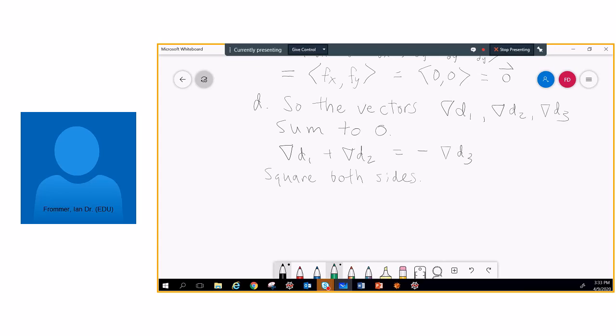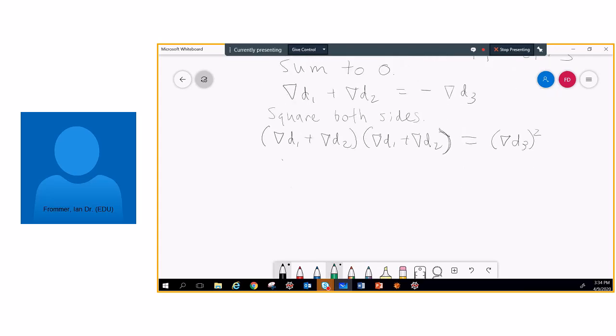I think it has to do with the dot product, though, so that might give you some rationale for it. In any case, I'm just going to go gradient D1 plus gradient D2 times gradient D1 plus gradient D2 on this side. And then on the other side, I just get minus gradient D3 squared, which just gives me gradient D3, the quantity, squared, like that.